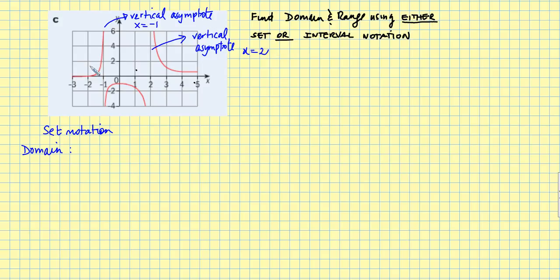So when I look from left to right, the graph is going towards negative infinity, and going towards negative 1 but never reaching it. Then it goes between negative 1 and 2, but never crosses 2 or negative 1, and then it goes beyond 2, meaning it goes to positive infinity.